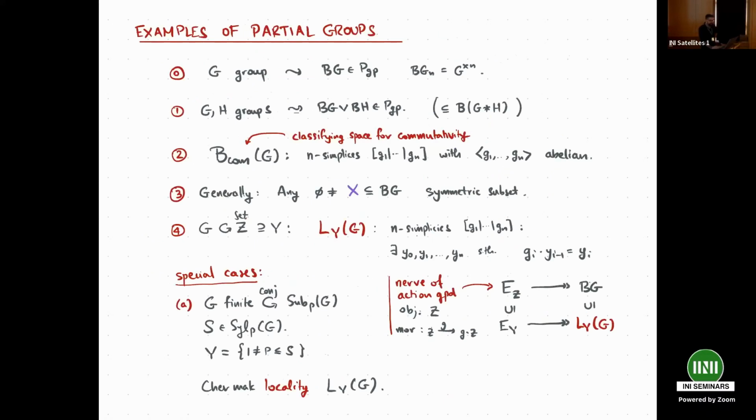Okay, so what are some examples of partial groups? Well, I'm just going to stick to partial groups. Anytime you have a group, of course, you have the nerve of that group, considering it as a one object category, so I'm going to call that BG. If you have two groups, you can look at their coproduct in the category of reduced symmetric sets.